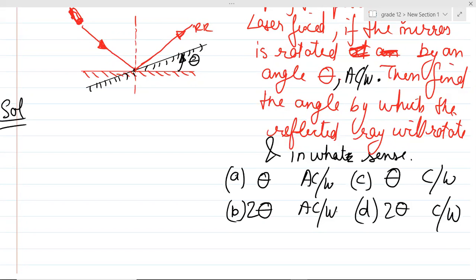So will it rotate anti-clockwise by theta? No. You mean to say option A? Wrong.